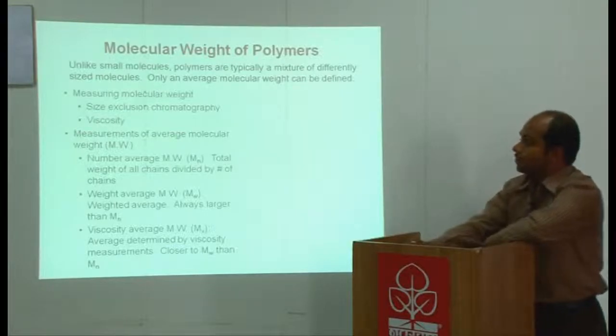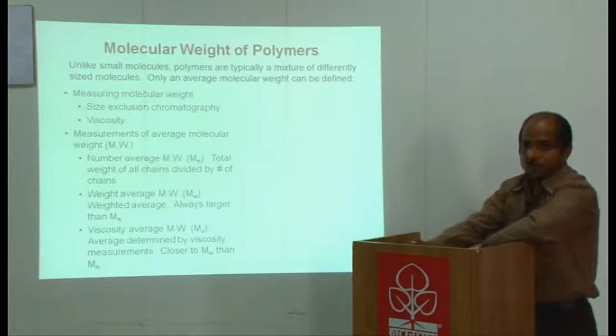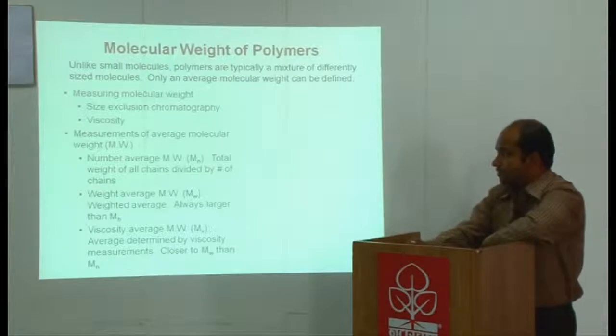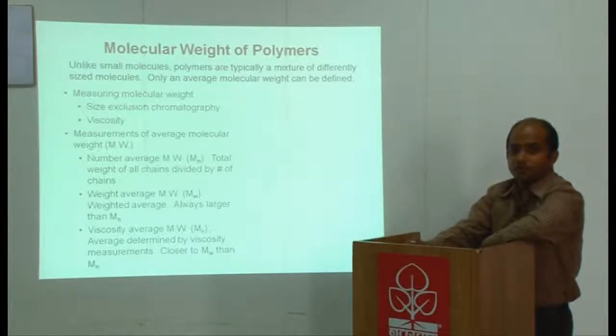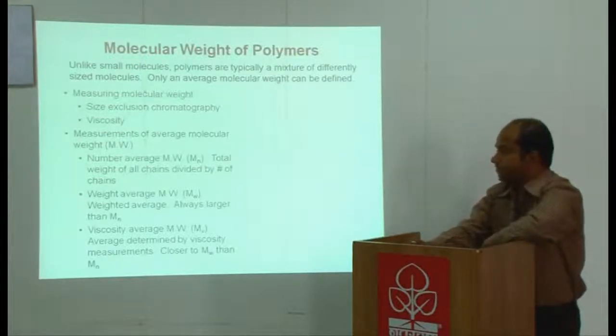In case of a number average molecular weight, or Mn, the total weight of all chains divided by the number of chains is taken into consideration, whereas in case of weight average molecular weight, you have a weighted average of the polymer chains, whereas in case of viscosity average molecular weight, you have the average that is determined by the viscosity measurements.